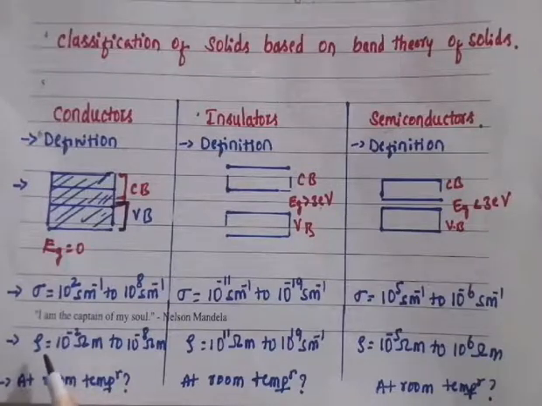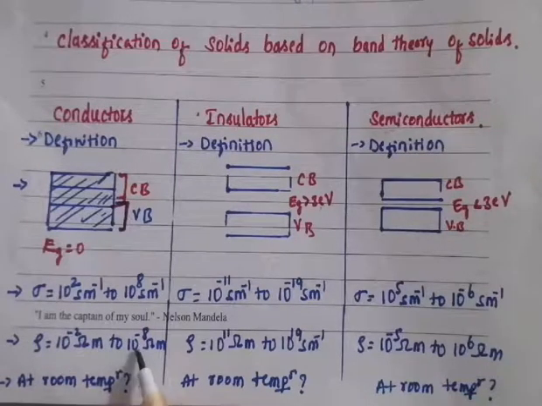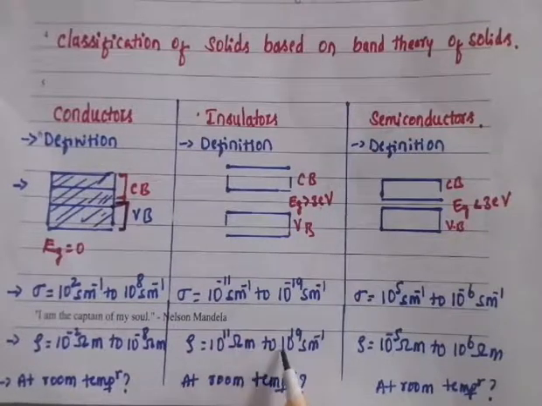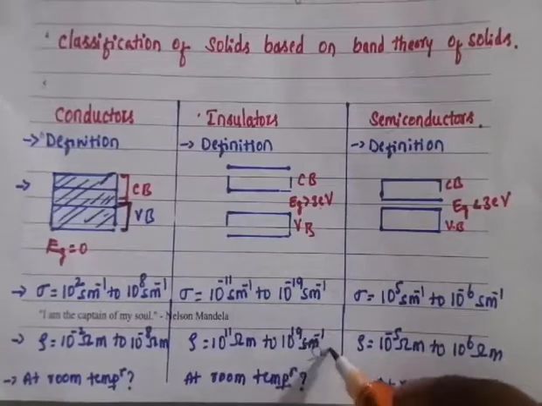So next, conductors are having low resistivity, nothing but less resistivity, that is from 10 power minus 2 ohm meter to 10 power minus 8 ohm meter. Insulators are having high resistivity, that is 10 power 11 ohm meter to 10 power 19 ohm meter.